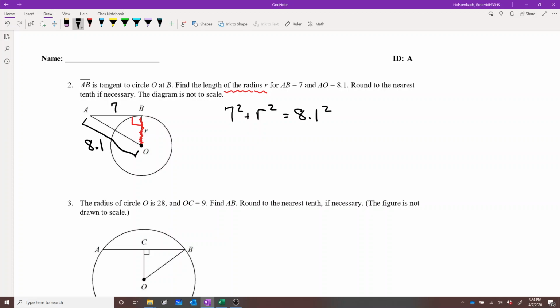So we've got 49 plus r squared equal to 8.1 squared, which is 65.61.